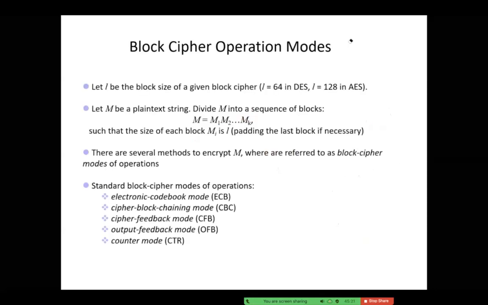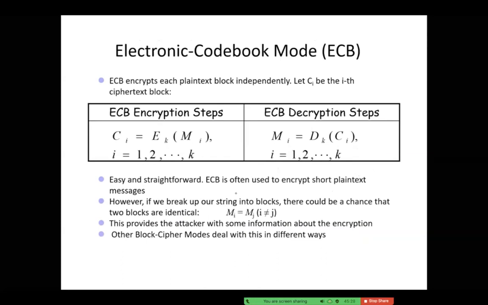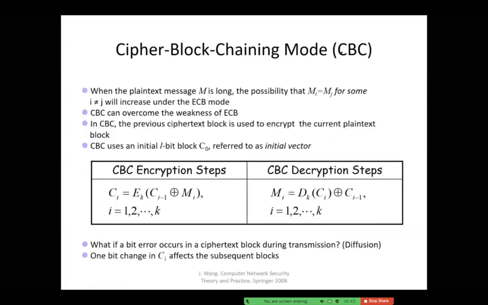Okay, so we already looked at electronic code book mode. To overcome the drawback of electronic code book mode, the way we do it is to use cipher block chaining mode.